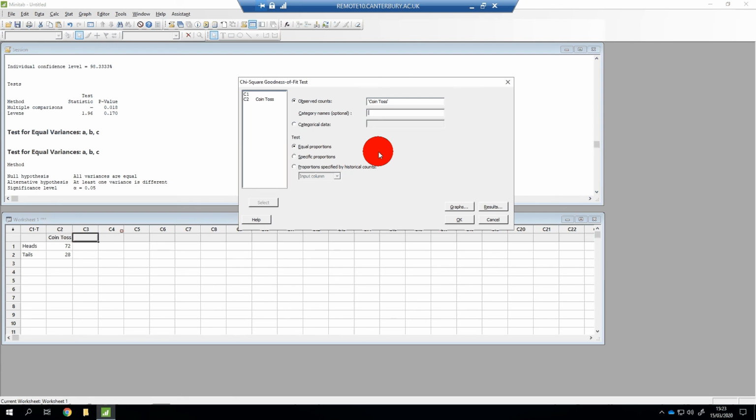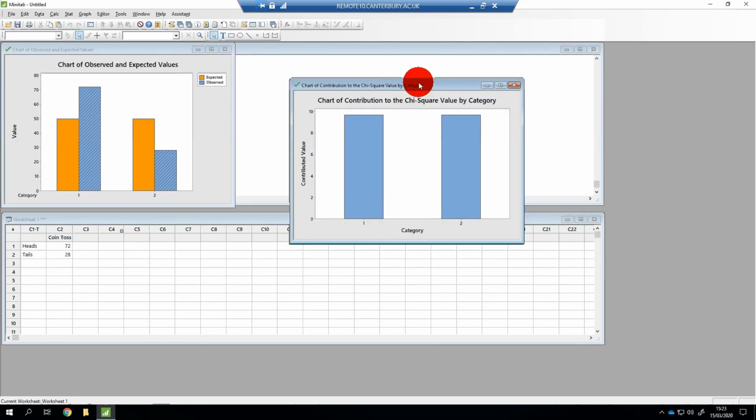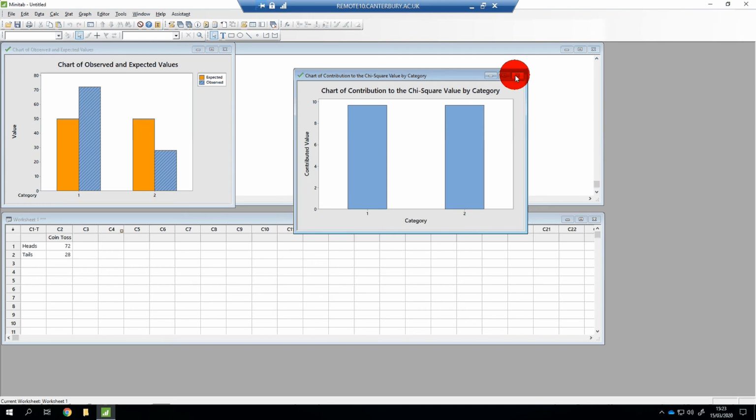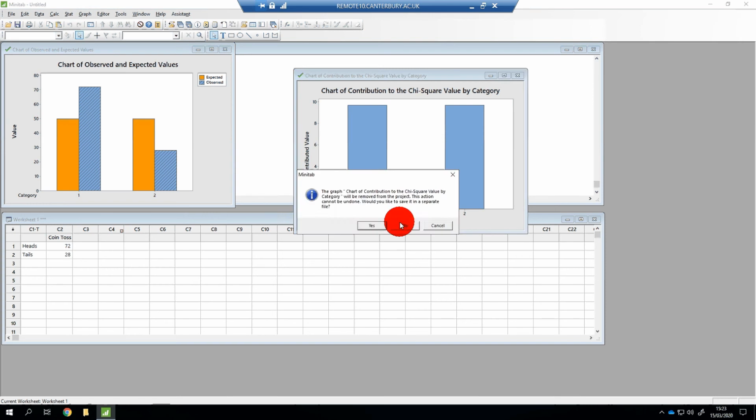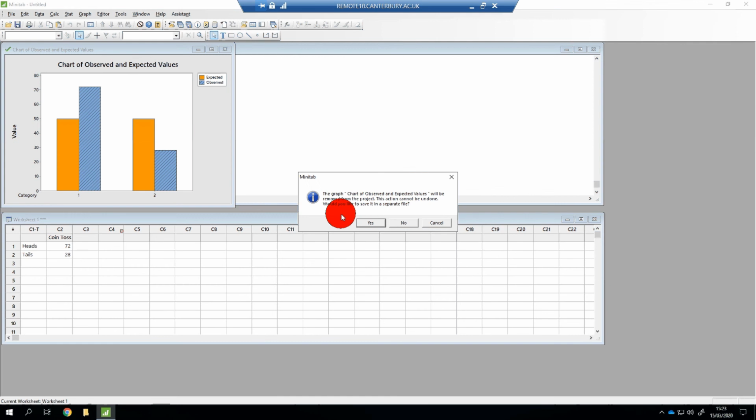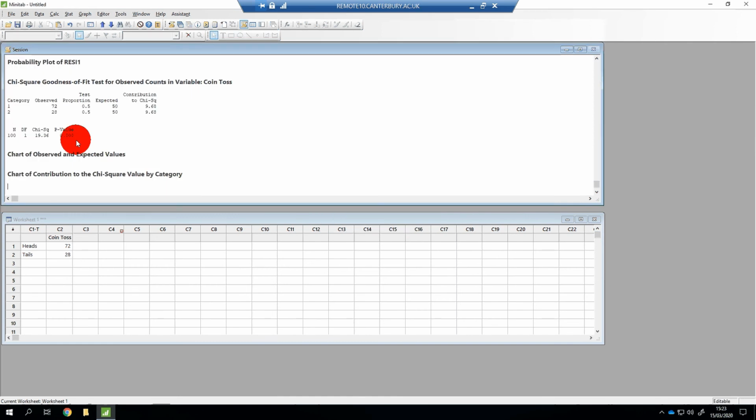So I should test my actual observed outcome against those equal proportions. So let's just do that. Let's leave that option selected. Let's click OK, and Minitab will produce some graphs which are interesting if you want to have a look at them. But they're not important in terms of the actual test result, because if you look at your output window, you will find a chi-square goodness of fit test result.